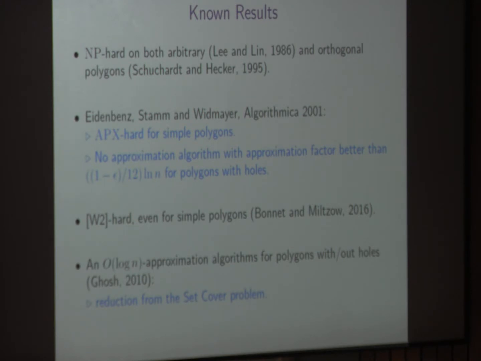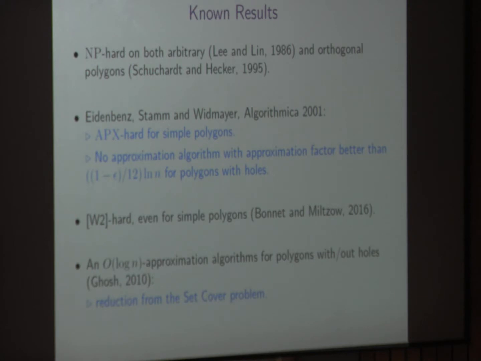It's also known to be APX-hard, and we can't get any approximation algorithm better than a log n factor or something close to it. In terms of parameterized complexity, very recently, last year, it was shown that it's also W[2]-hard, so we very likely can't hope for FPT.